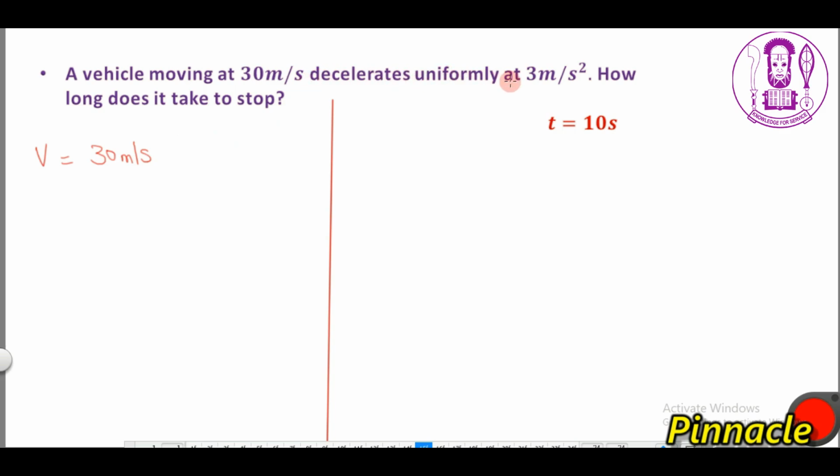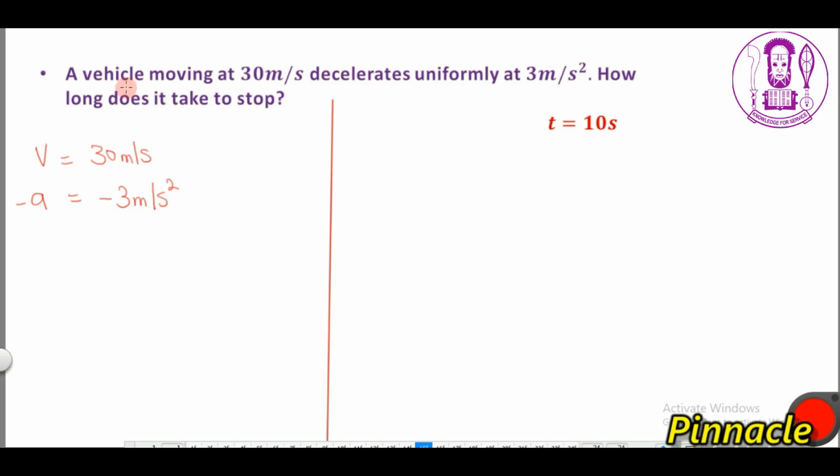Decelerates uniformly at 3 meters per second square. So the deceleration, which is negative acceleration, is minus 3 meters per second square. Deceleration means negative acceleration. How long does it take to stop?